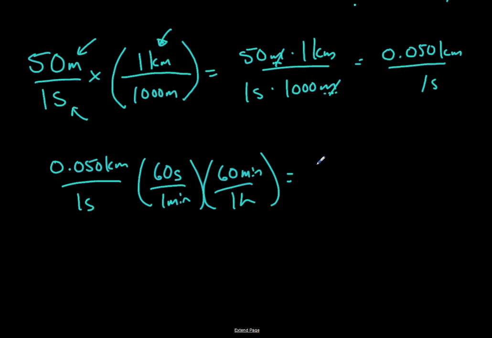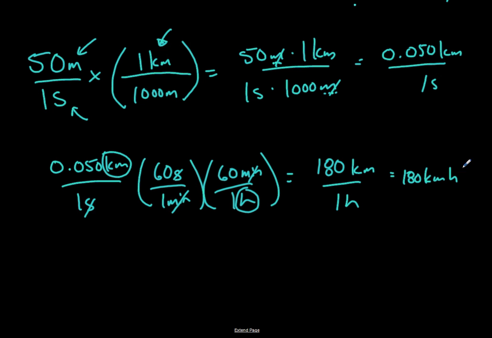Minus 0, 180. Okay. So we get 180. Notice there's kilometers on the top, but there's also seconds and minutes on the top. But look, there's a seconds on the bottom and a seconds on the top, a minute's on the bottom and a minute's on the top, and we're left with hours on the bottom. 180 kilometers every 1 hour, or 180 kilometers per hour.